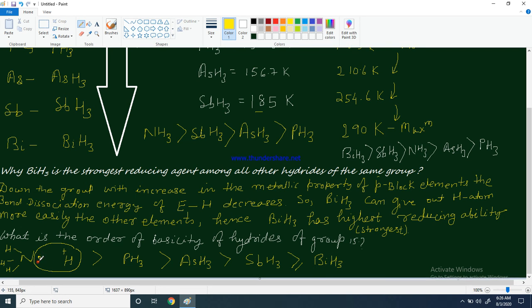See, ammonia has a tendency to accept H plus, but as you go from this to this, you will find that these elements have the property of giving out H minus, hydrides.